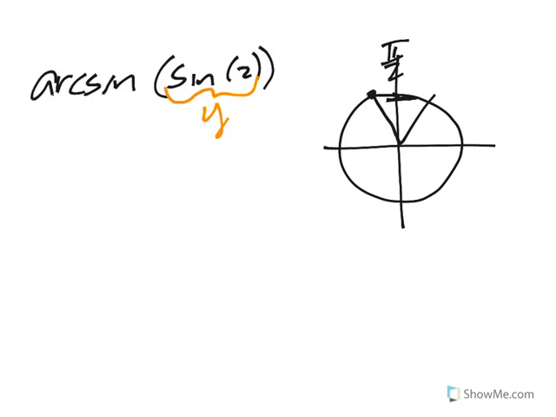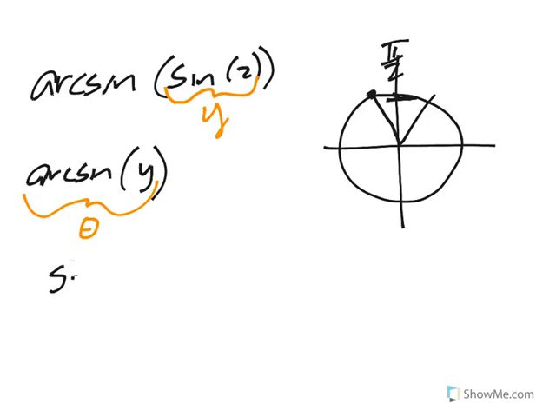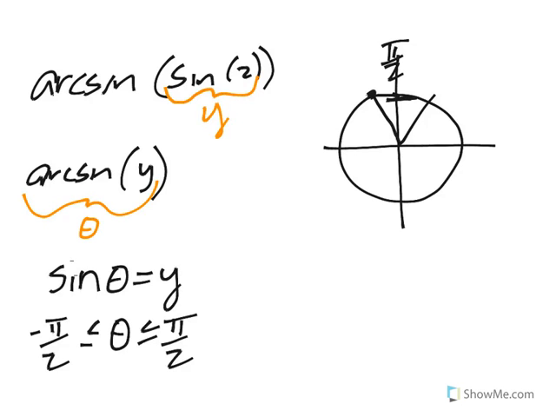So now we're looking for the arcsine of y. The arcsine of y is some angle, and that angle is the angle that when I take the sine of it, I get y. And the other thing about that is it's between negative π/2 and π/2. So let me think about that.